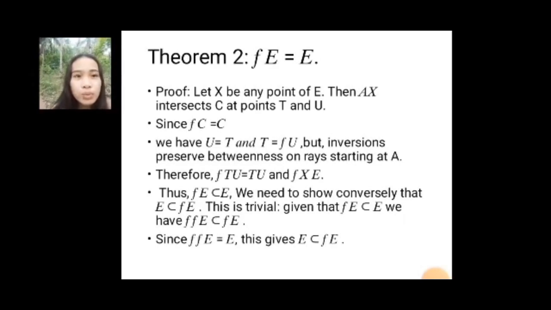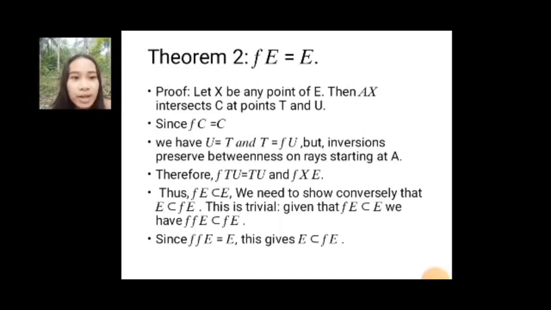So theorem 2. FE equals E. Proof. Let X be any point of E. Then AX intersects C at points T and U. Since FC equals C, we have FT equals U and FU equals T. But inversions preserve betweenness on rays starting at A. Therefore, FX is in TU, and FX is in E. Thus, FE is a subset of E. We need to show conversely that E is a subset of FE.